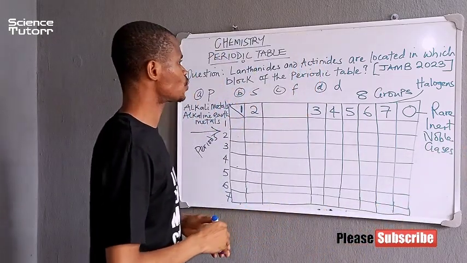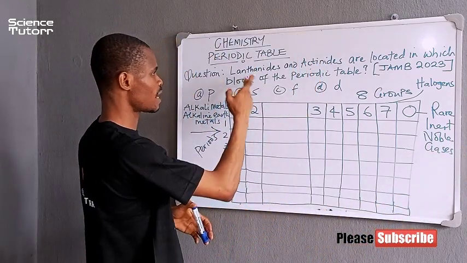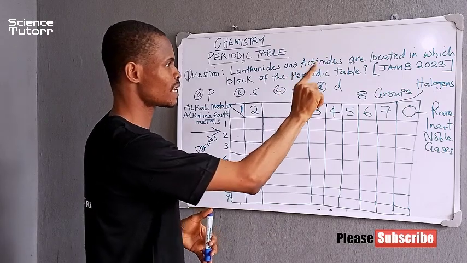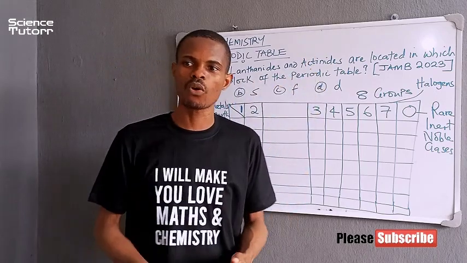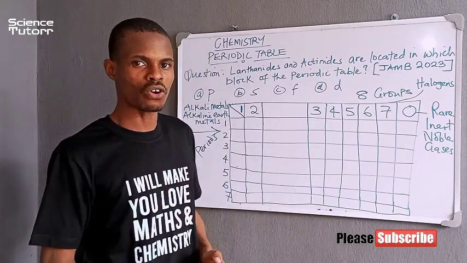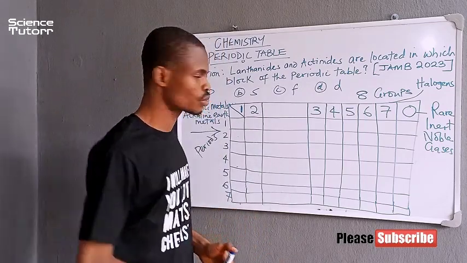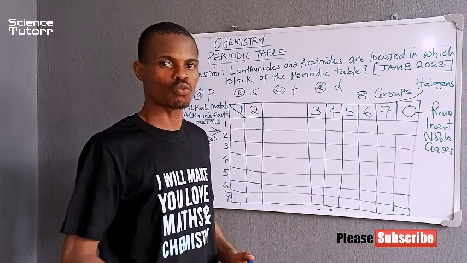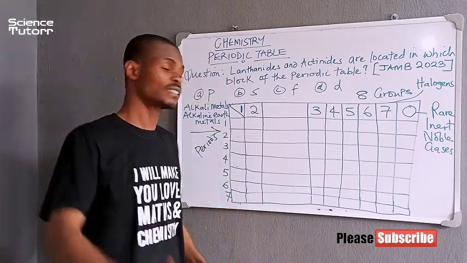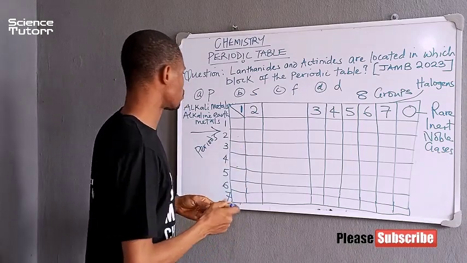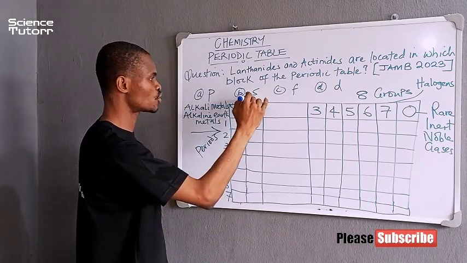Now, in answering our question, lanthanides and actinides are located in which block of the periodic table? We have 4 blocks in the periodic table based on orbitals. Orbitals are regions of space where electrons can be found 90% of the time. We have the S block, the S represents sharp.